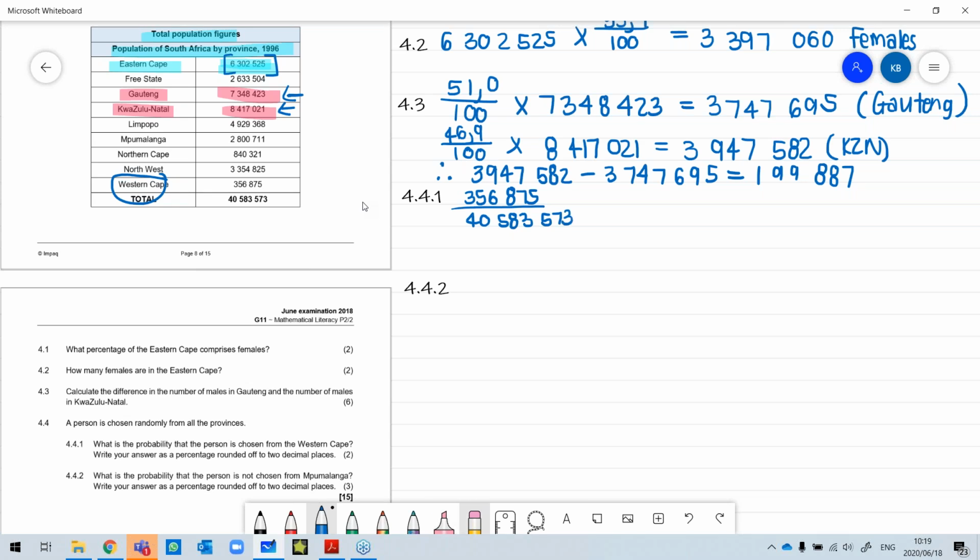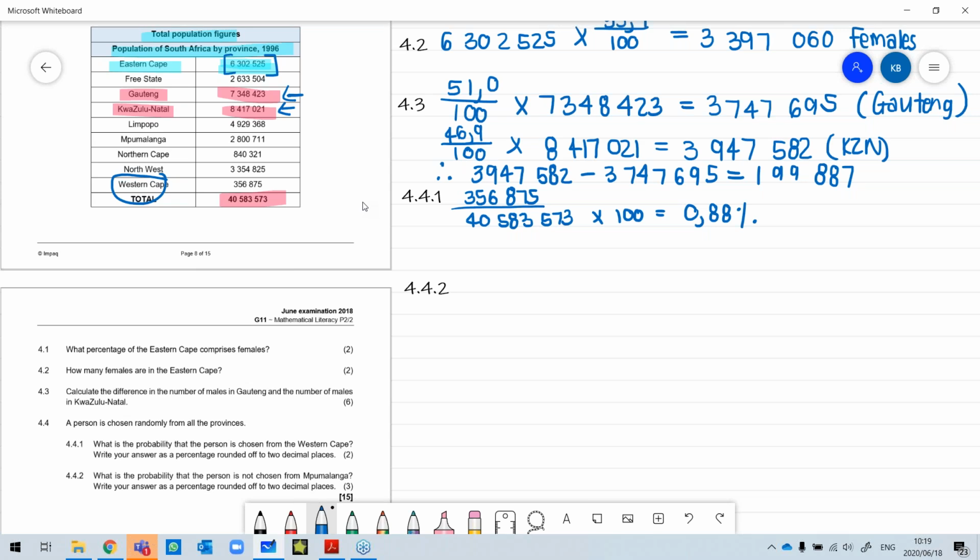The total can be found at the bottom of this table over there. And then we want our answer as a percentage, so we multiply by 100. Type that into your calculator. It is going to give you an answer of 0.88%.